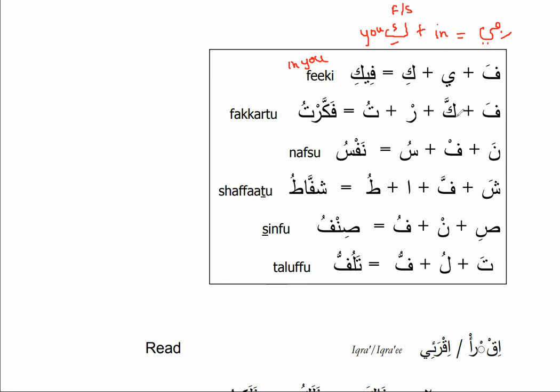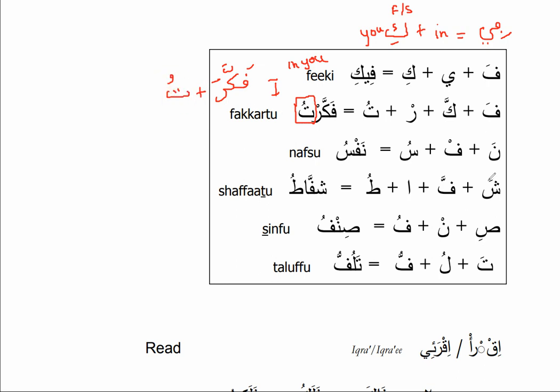Fa and kaf shadda fatha, fakkar, ra sukun, fakkartu. Fakkara means to think. Fakkartu, and this is also a damir. It is a past tense damir, means I thought, and this comes from fakkara. This is a past tense verb, means he thought, and when you add the damir with it, the tu means I thought.